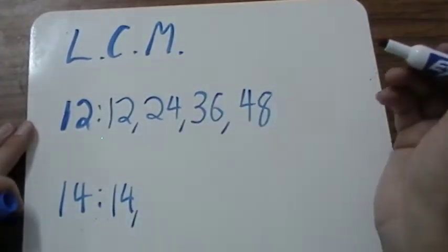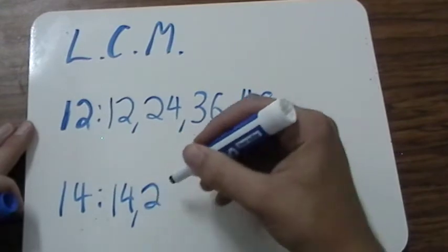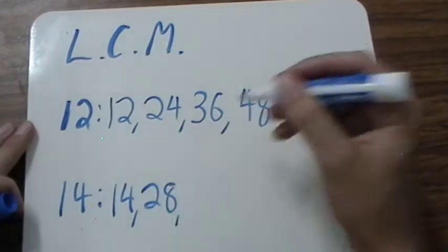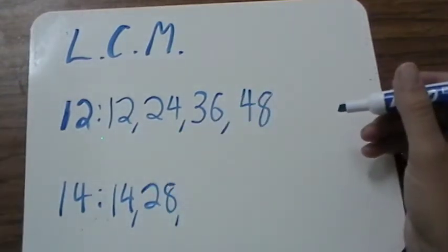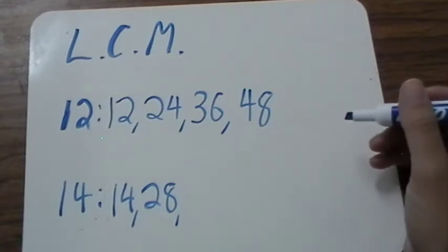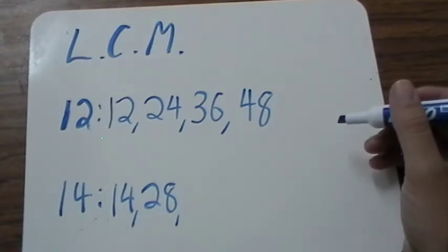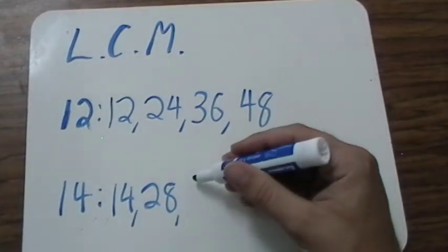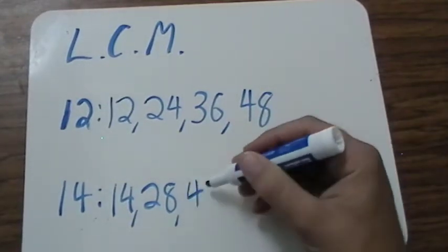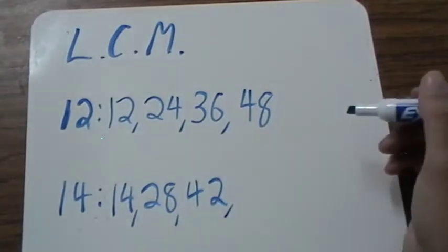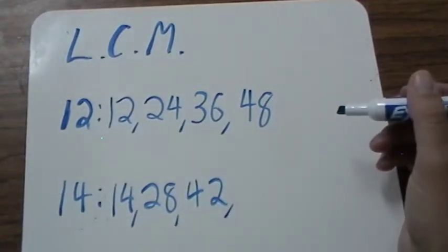Let's start doing the multiples of 14. 14 times 2 is 28. 14 times 3 is, it's not going to be 30, it's going to be 42. Do I have any number in common yet?